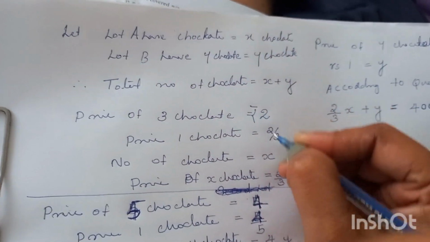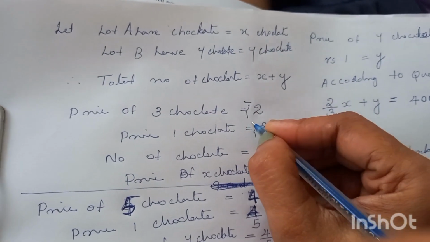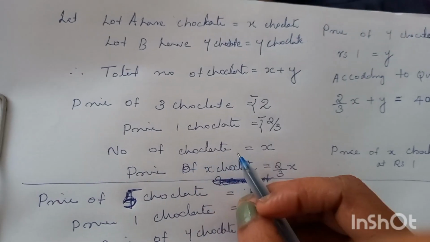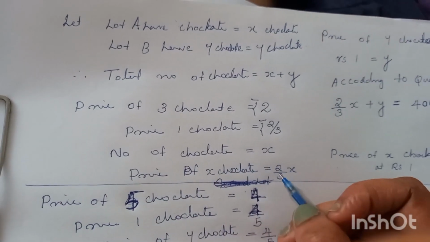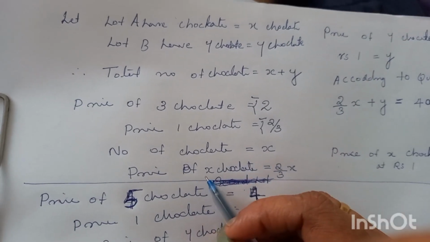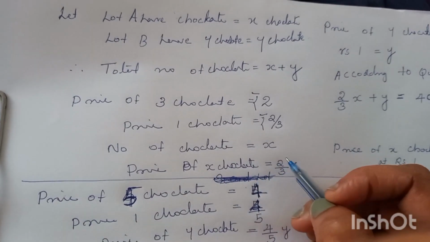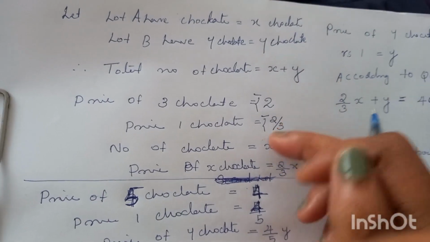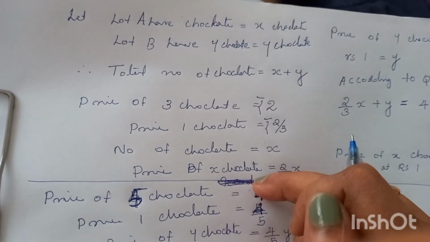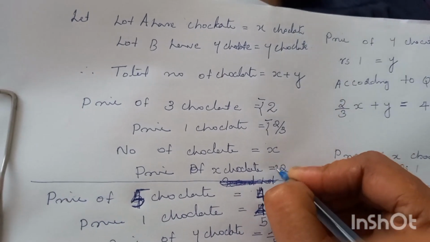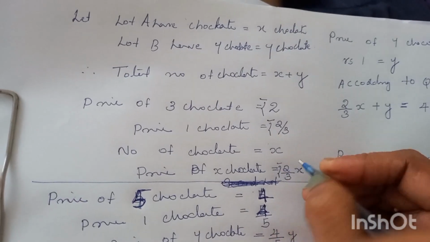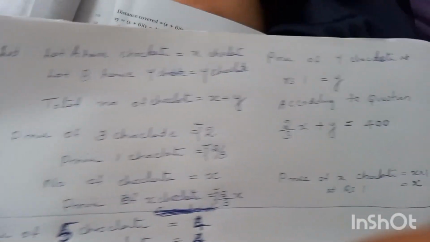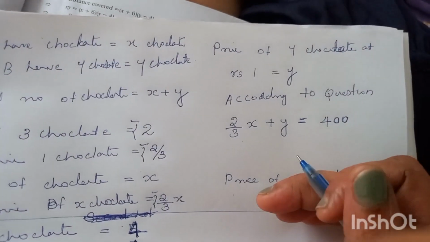The number of chocolates is X, so the price of X chocolates is equal to 2 by 3 X rupees.